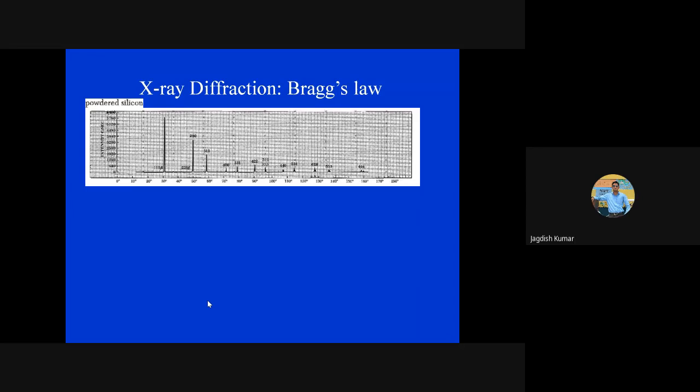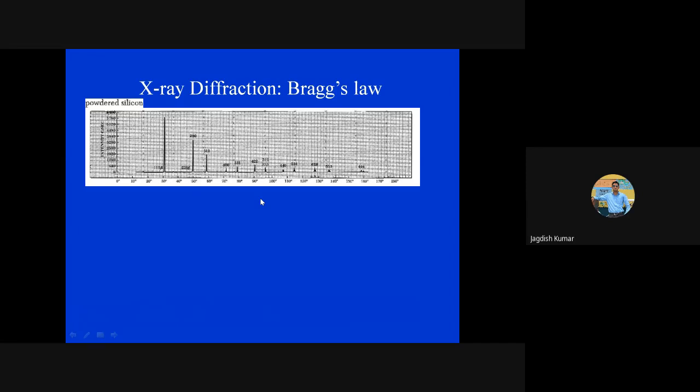Now, this graph has something really interesting. You are finding that at certain specific angles, you are having a maxima in the peak of the X-ray being observed when they are scattered from a crystal or powdered sample of silicon. And then we name these peaks: there is the 110 peak, 220, and so on.